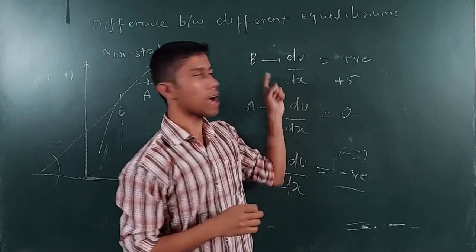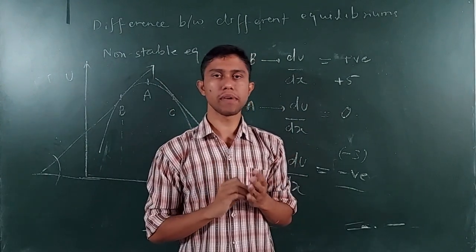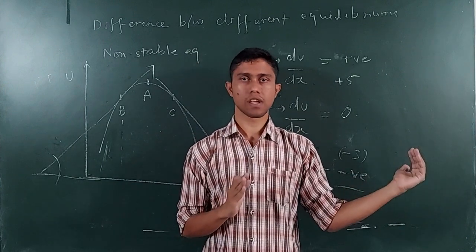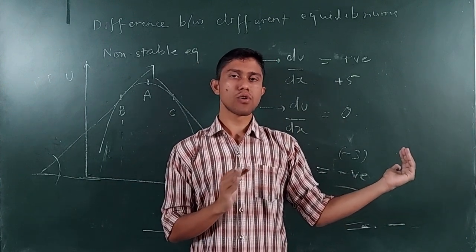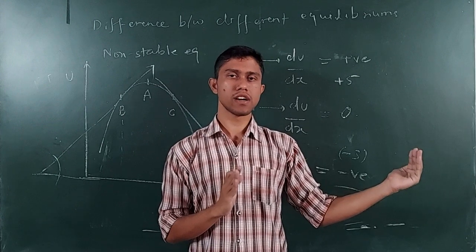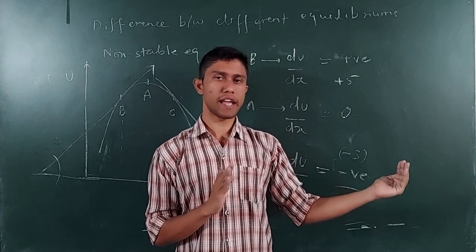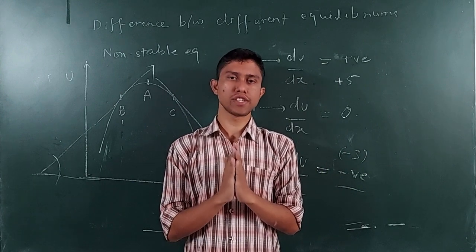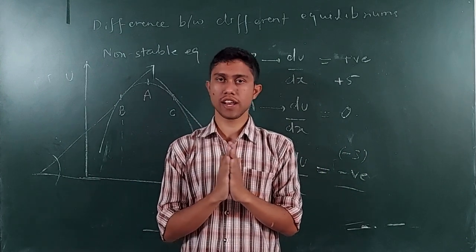Suppose I start from point B. Where is my point B? Point B is at +5, so it is here. I start my journey here, and now I go to point A. Point A is 0, so I come up till here, and now I want to go to point C, which is -3. -3 lies here.